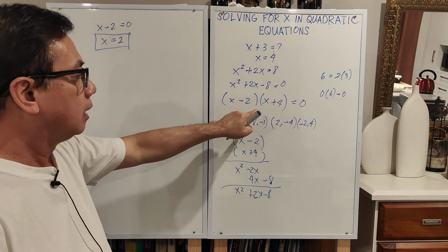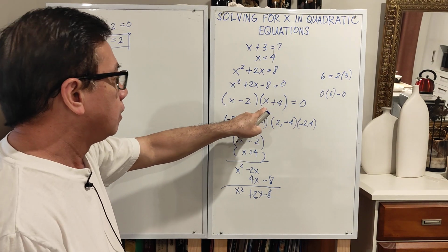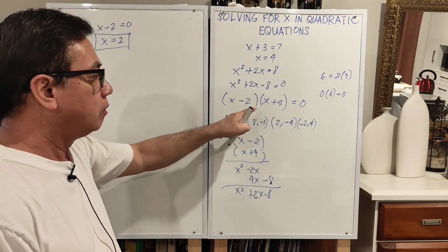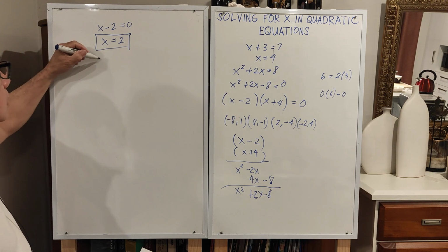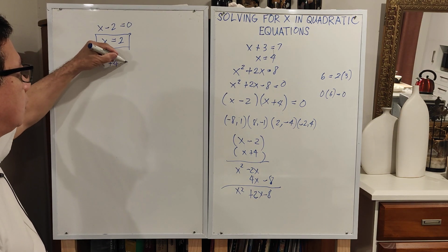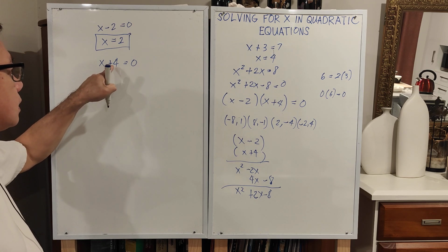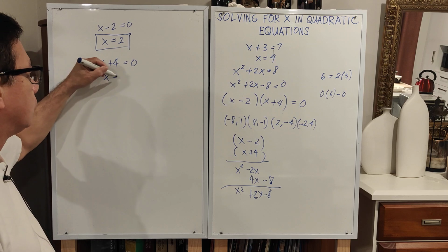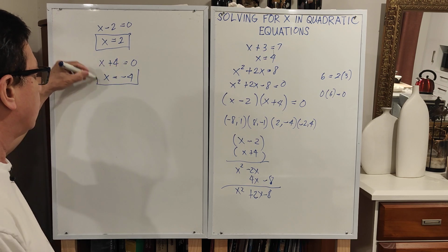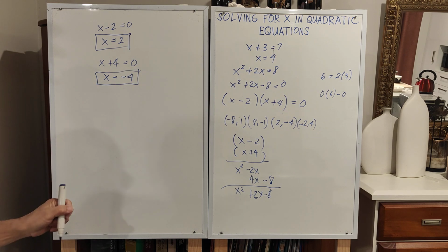And then x plus 4, if we equate it to 0, so that when you multiply this, it becomes 0. So x plus 4 equals 0. Solving for x, subtracting 4 on both sides, we have x is equal to negative 4. So now you have two answers for x.